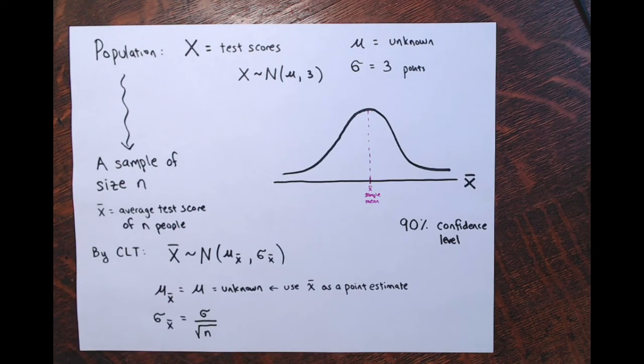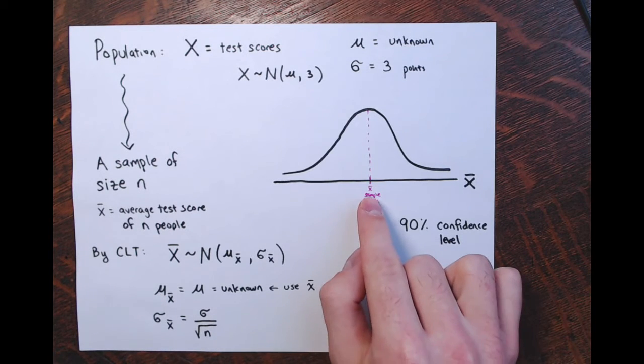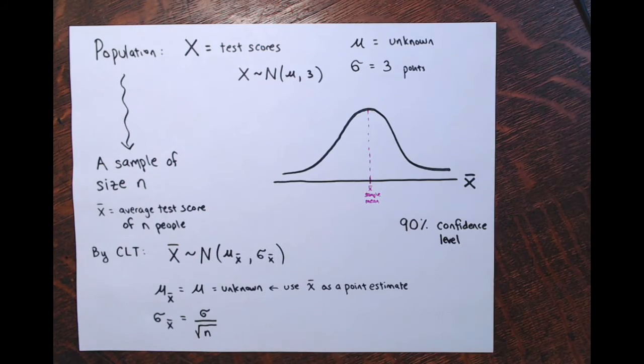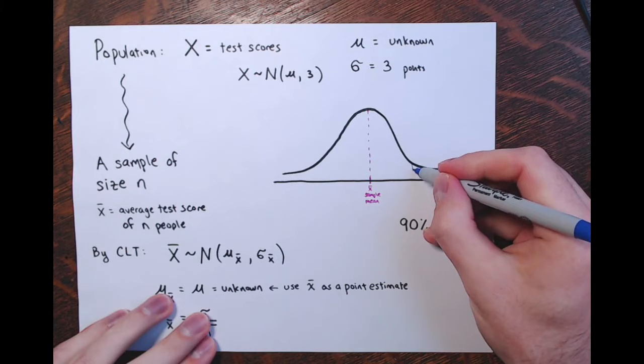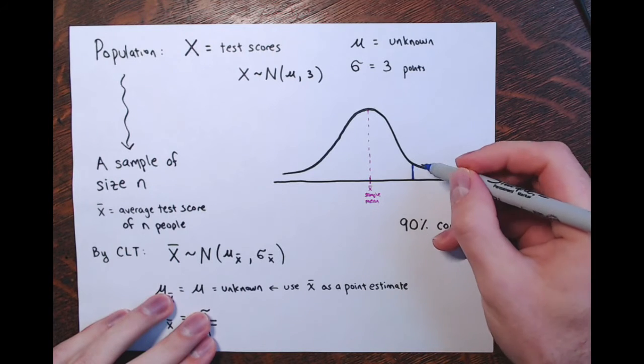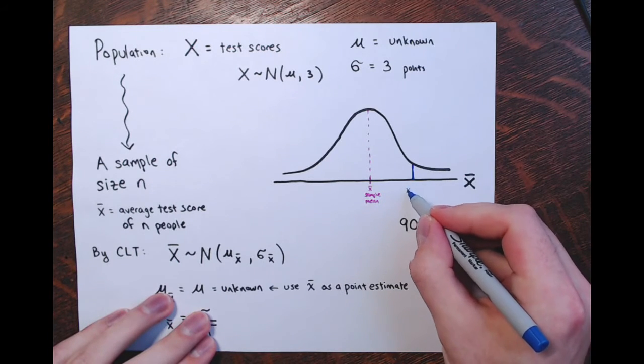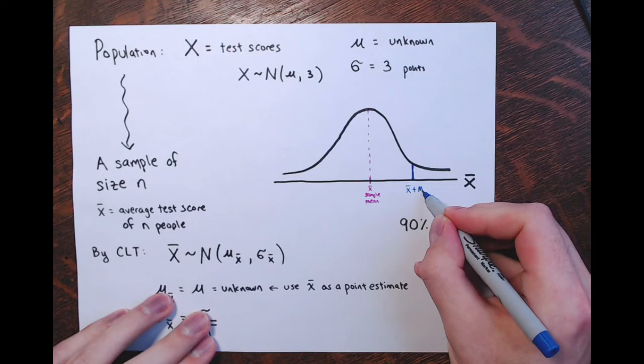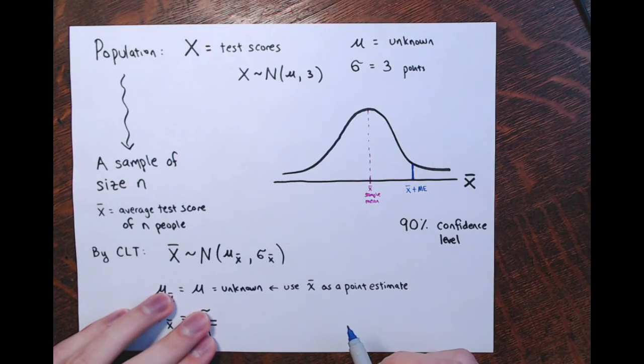What that meant was that from my sample mean here, I went so many standard deviations to the right, to some value over here. That's x bar plus the margin of error. Remember ME for the margin of error.